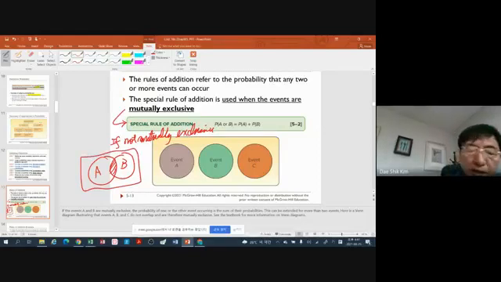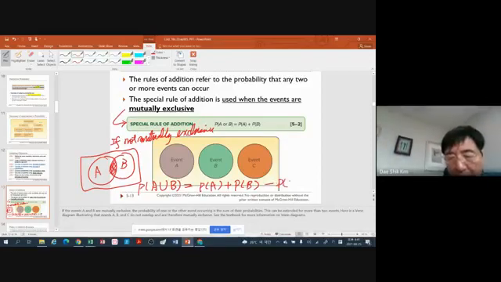Then what is P(A or B)? This one is P(A) plus P(B). And then what will happen? The shaded area is counted twice, so you need to subtract P(A and B). When you add this plus this, this area is counted twice, so you need to subtract this one. If it's not mutually exclusive, you need to include this part.